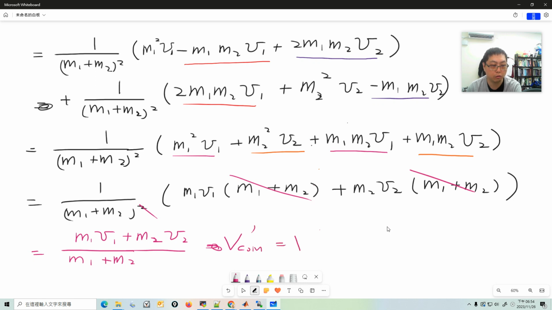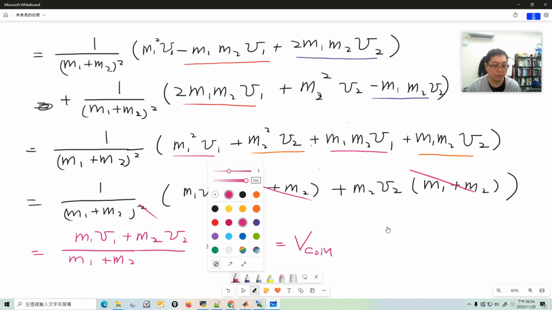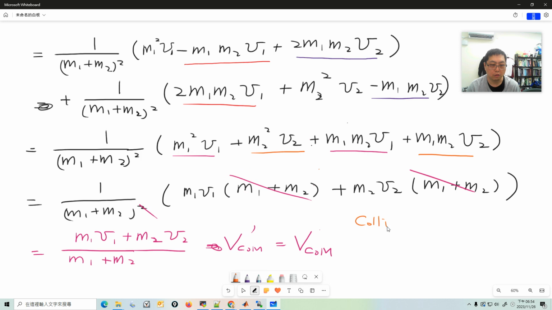It's equal to the velocity of center of mass before the collision. It's very true because the system is isolated. There is no external force in the system. The collision force is an internal force, and in an isolated system there is no external force.